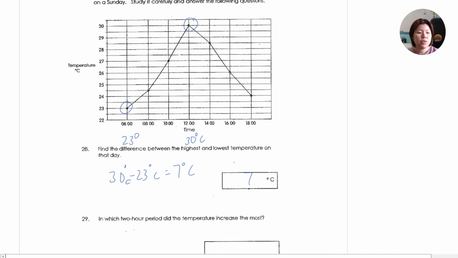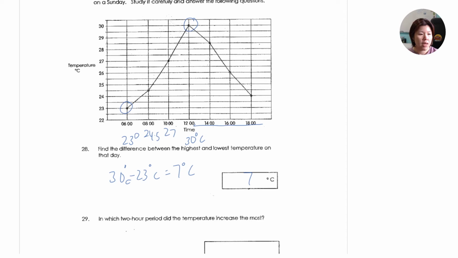Okay, so they're asking in which 2-hour period did the temperature increase the most? So if you can see here, this one is decreasing. So from here onwards is out. Increasing is this one. So we can see this is 23, this is 24.5, this is 27, and this is 30. So which 2-hour increased the most?